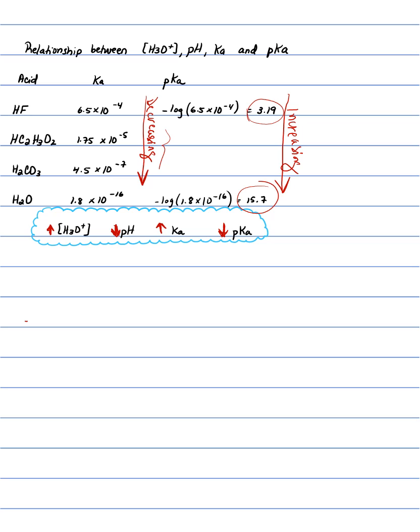So you can look at the first one here, 10 to the minus 4, that's 3.19. 10 to the minus 16, this is the smallest Ka value, and you have the larger pKa, 15.7. So they are inversely proportional. Increasing the Ka means that the pKa will be decreasing, and the opposite is also true.